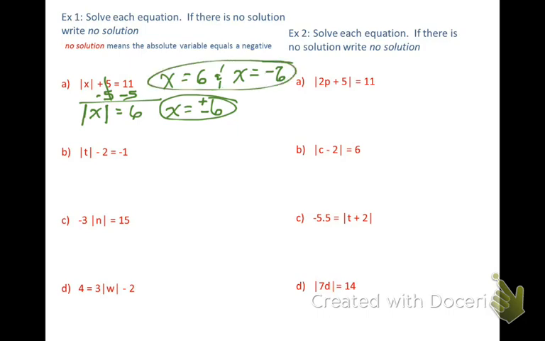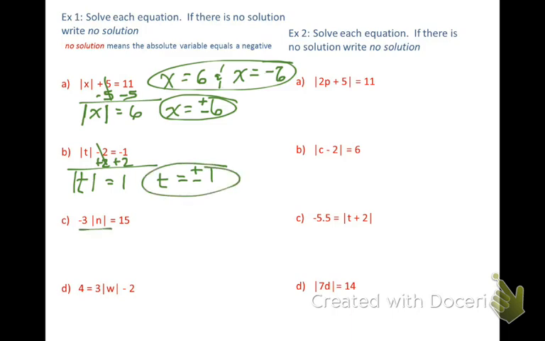B. The absolute value is not by itself, so can't do that yet. Check and see if it's a no solution or not. So absolute value of t equals 1. Again, it's a positive number, so we don't have a problem. So it would be t equals positive and -1.